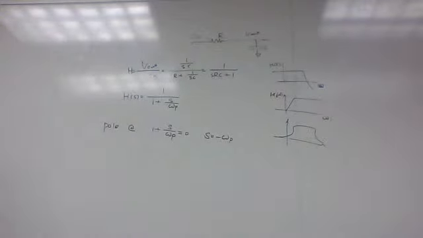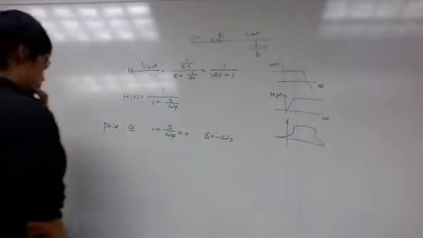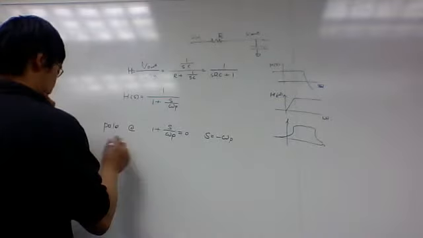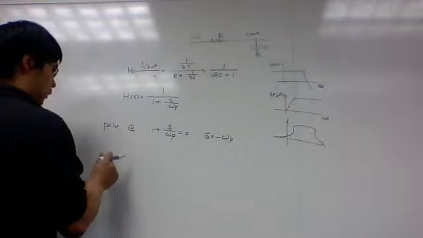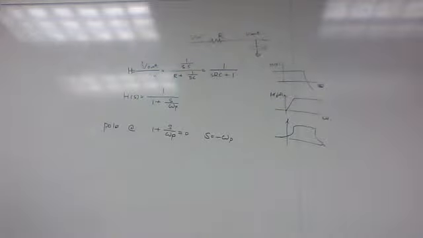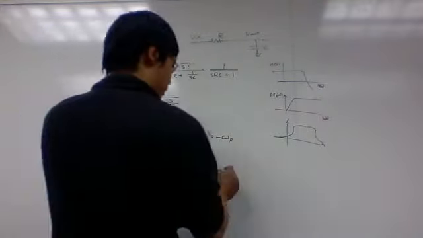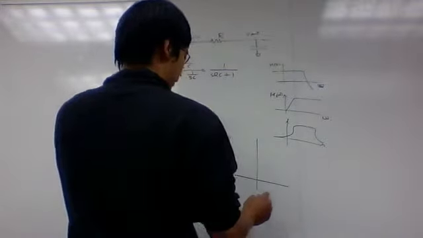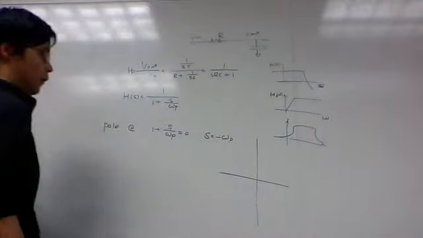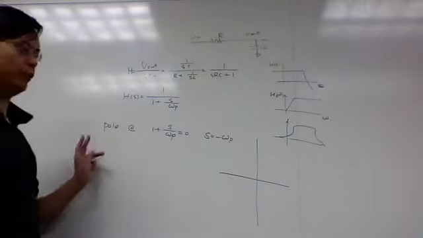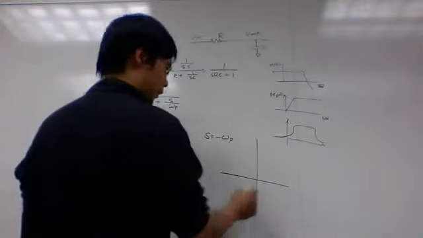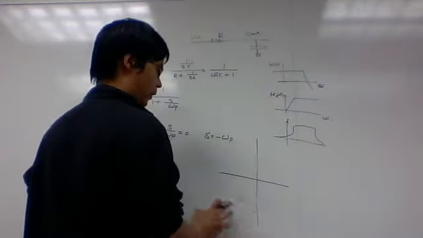So let me remind you of some terminology. If you think of the Laplace terms, S is a complex number, so the poles can be anywhere in the complex domain.